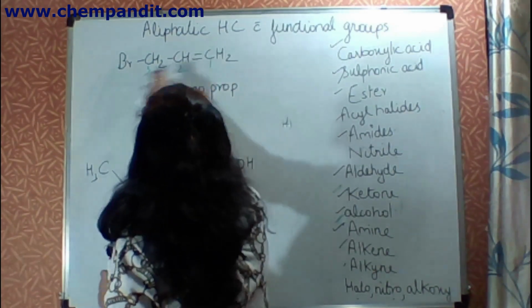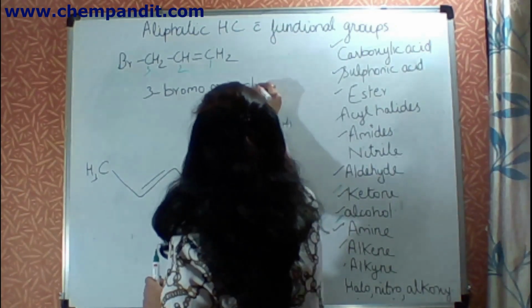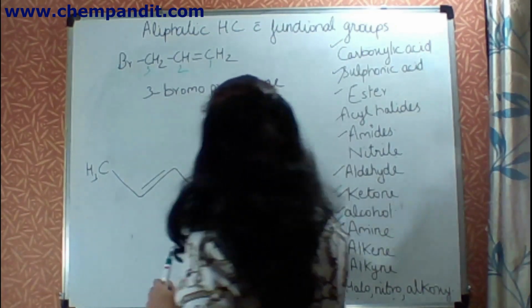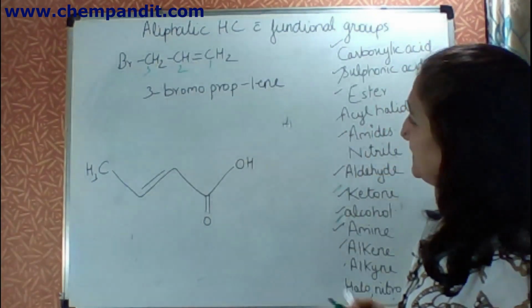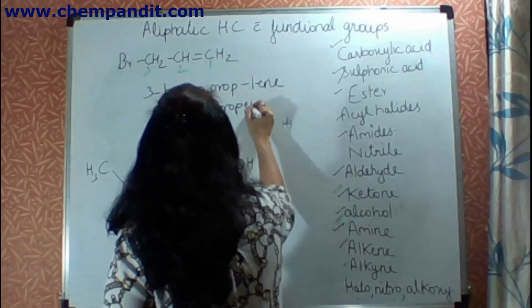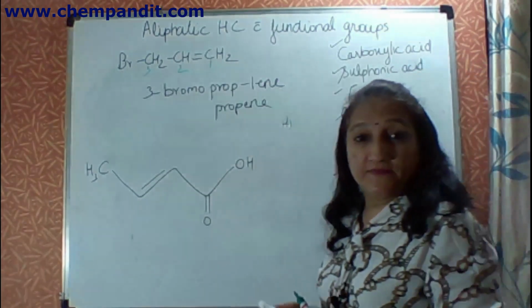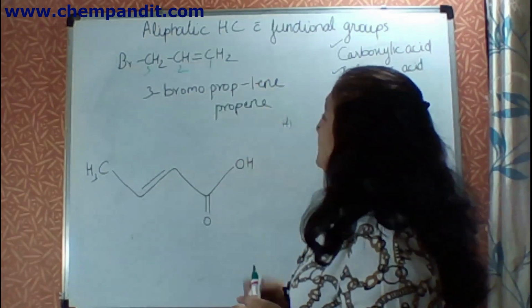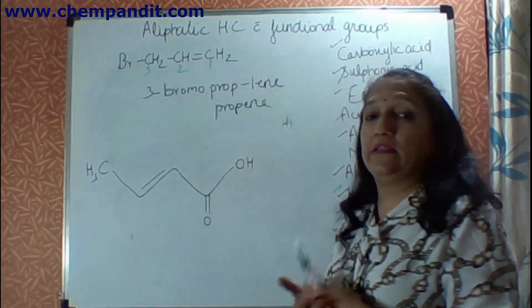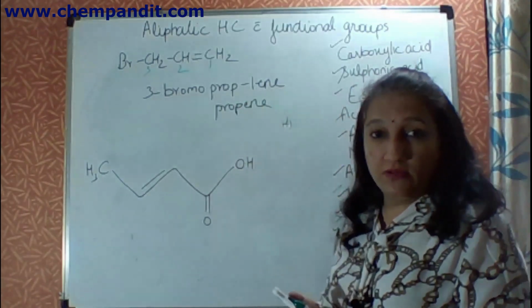Prop is your root word, prop 1-ene. 3-bromo prop 1-ene or 3-bromo-propene. Am I right? Yes. This is how the name of the compound is written: 3-bromo-propene or prop 1-ene, and the reason you already know. Clear?